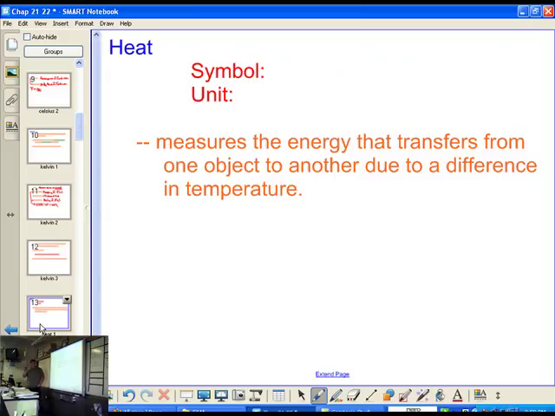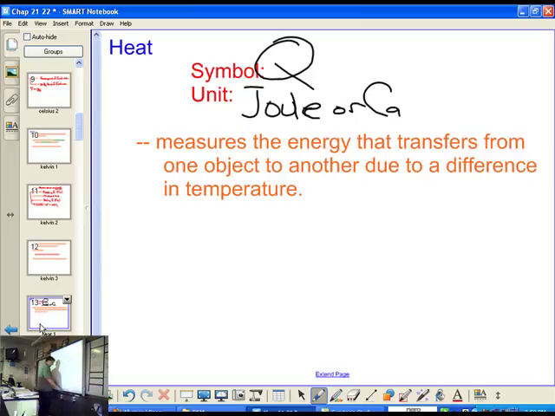All right, heat. Remember I said that heat, capital Q, has the unit of the joule, or the calorie with a little c. Same joule we had before.